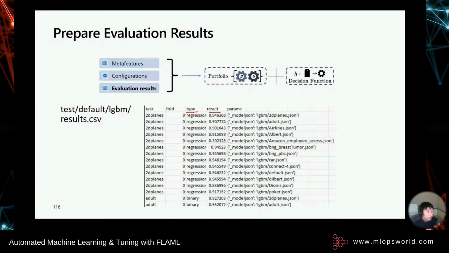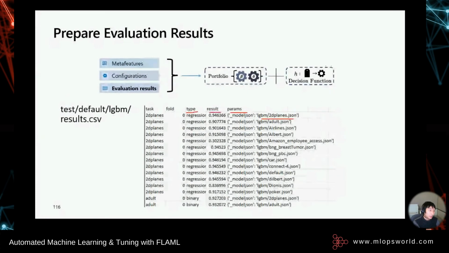The result column stores the evaluation result, assumed the larger the better. The params column indicates which JSON config is used. For example, LGBM/2dplanes.json indicates that the best LGBM configuration extracted from 2D planes is used.